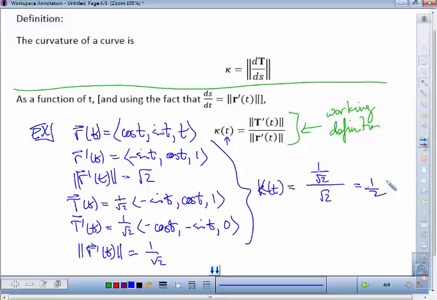All right, maybe you should check my work. Does that look right? No? I think it should be 1.